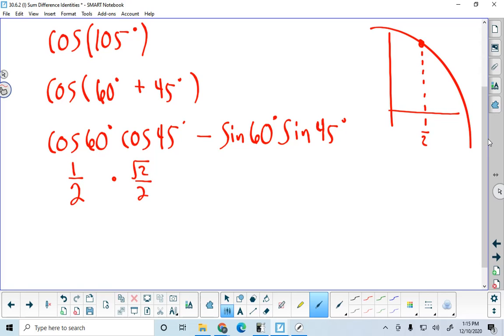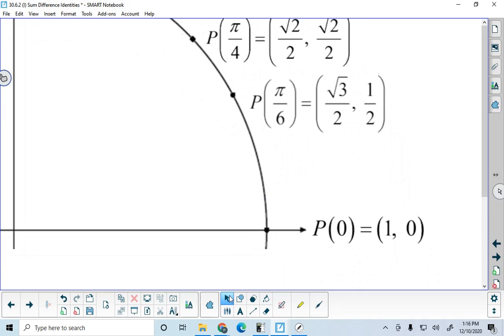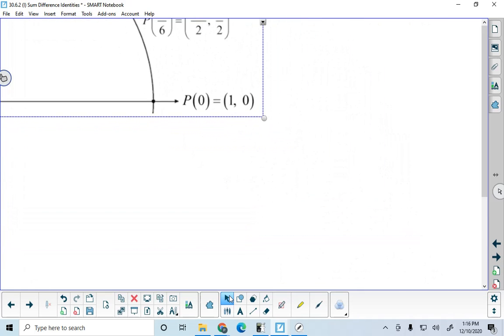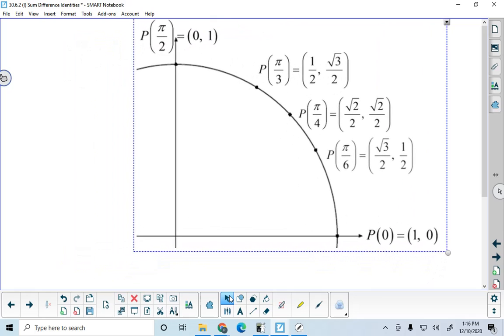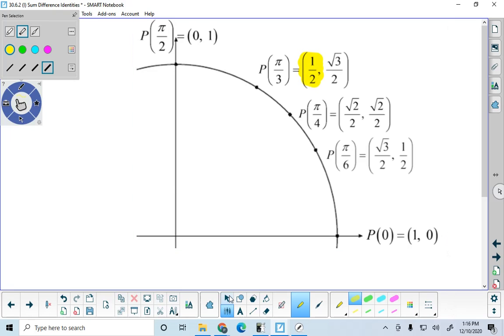Because 45 degrees is this point where you have equal x's and y's, and the coordinates at pi over 4, which is 45 degrees, are root 2 over 2, root 2 over 2. So at 60 degrees, the cosine of 60 is 1/2.